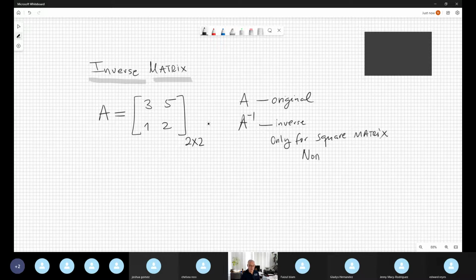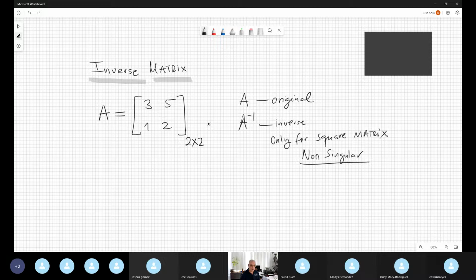Non-singular is confusing. I cannot explain now because we need another information, but the square is clear. The square is 2 by 2, 3 by 3. If you try to find the inverse matrix of a rectangular matrix, it's impossible. Mismatch of dimension, because this operation is only valid for the square matrix.